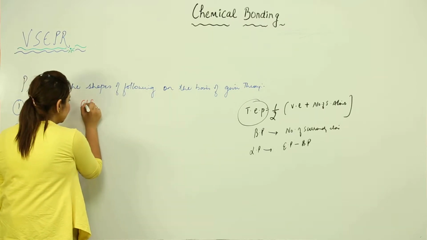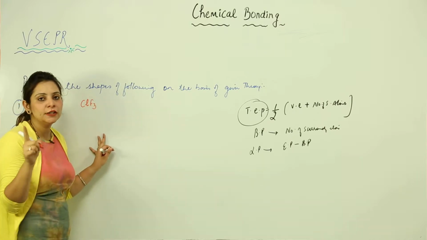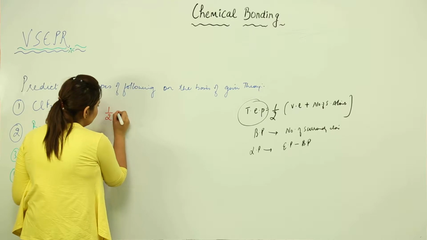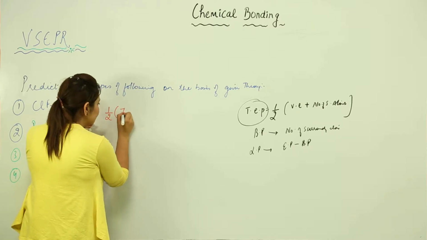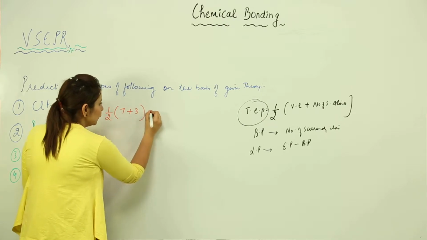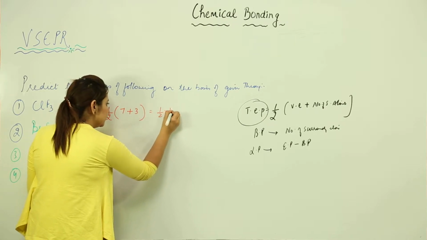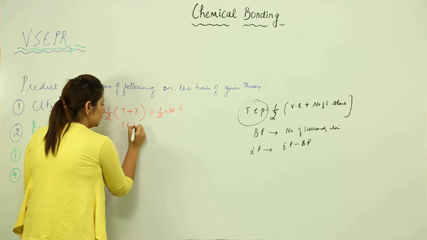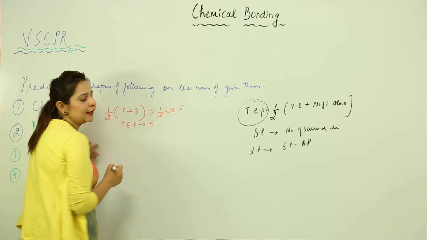So in this case, first I need to find the total number of electron pairs. For this I have half into Cl has valence electrons 7, we all know, surrounding atoms 3. So what do we get? Half into 10. So the total electron pair present is 5.